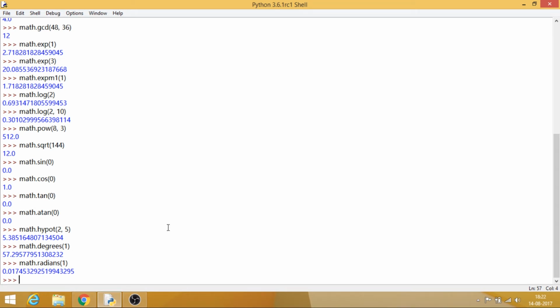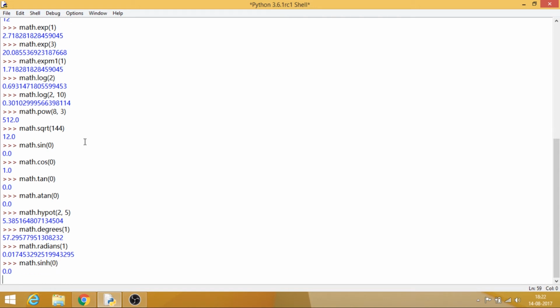Okay, now let's move on to the hyperbolic functions. We actually did some trigonometric functions, sine, cos, and hyperbolic is basically just adding h. So let's say 0, it will say 0.